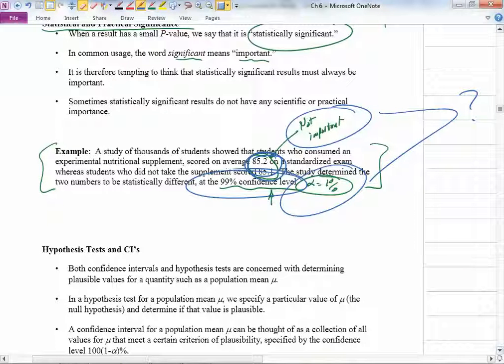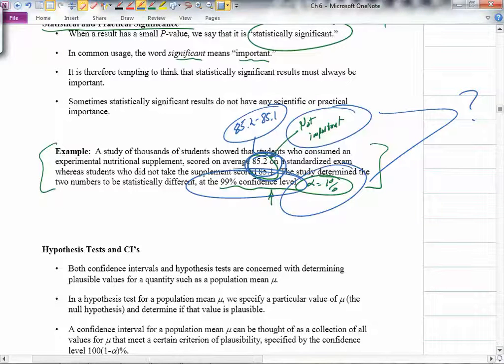Which means here's our signal. Our signal is 85.2 minus 85.1. So a change of 0.1. That's a small signal, right? And so statistically significant means that signal stands up apart from what? The noise. So somehow, to get this so significant, they had to really, really reduce the noise.